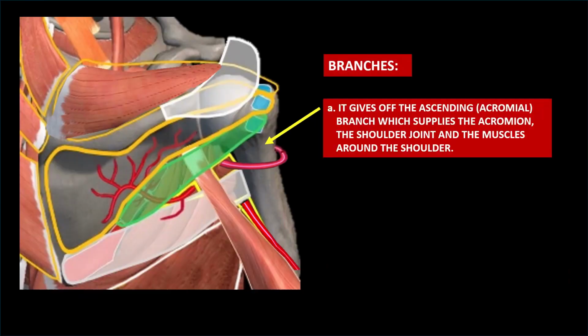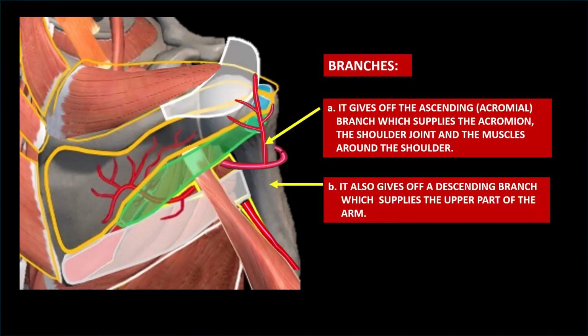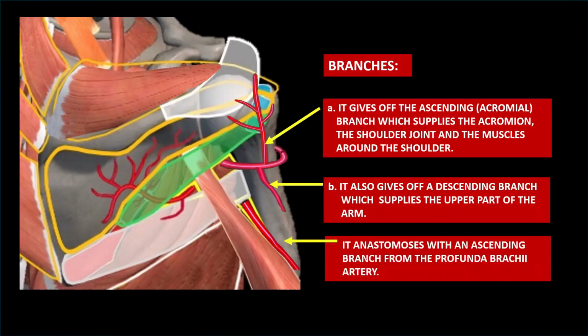It gives off the ascending or acromial branch, which supplies the acromion, the shoulder joint, and the muscles around the shoulder. It also gives a descending branch, which supplies the upper part of the arm. This branch anastomoses with an ascending branch from the profunda brachii artery.